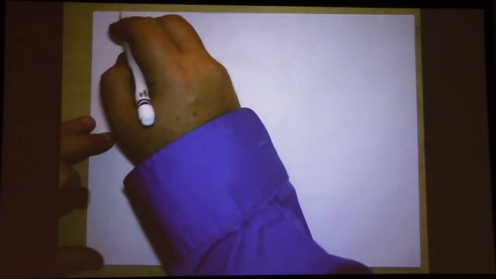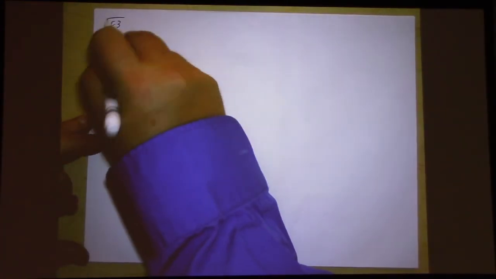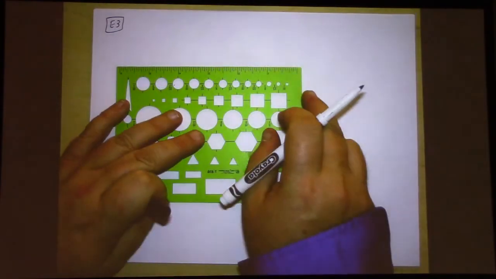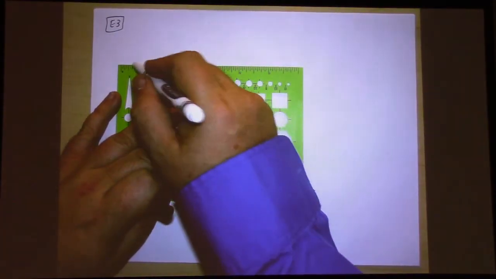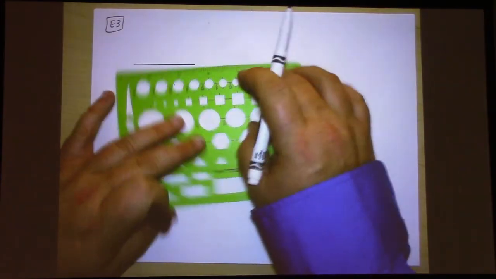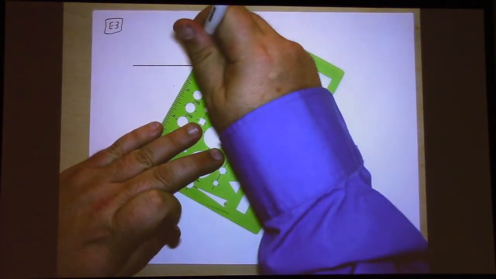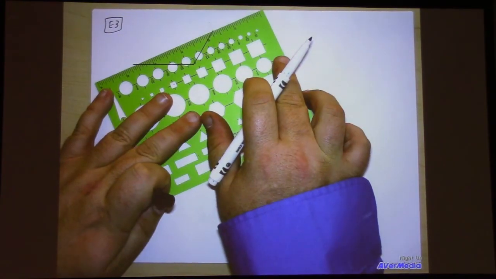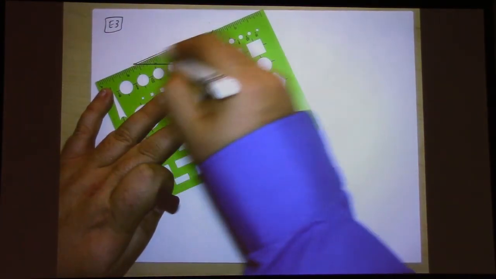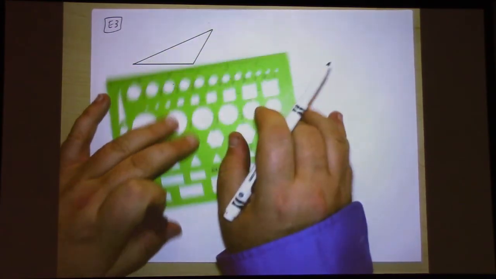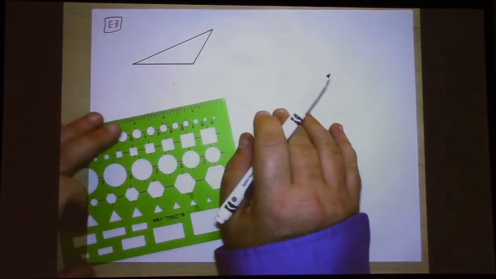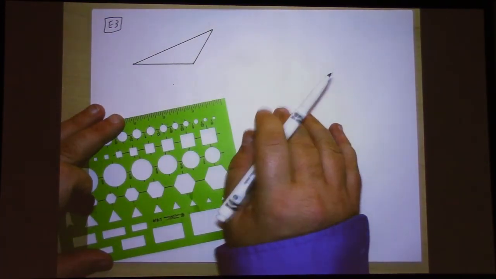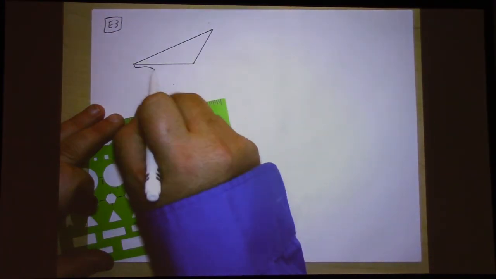So example 3. Here I've got a sort of triangle which is tilted a bit like this. What are we told about this? A vegetable garden is in the shape of a triangle with base of 19 feet. So this right here, they tell us, is 19 feet.